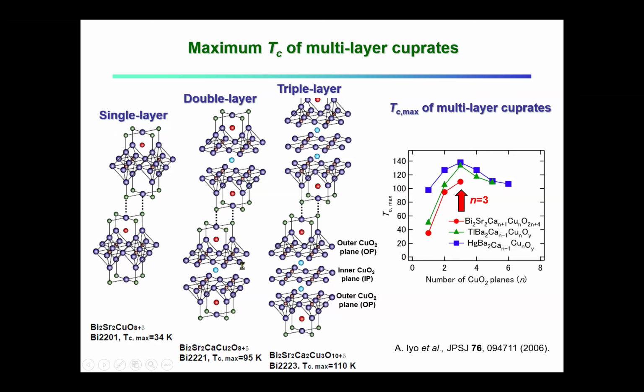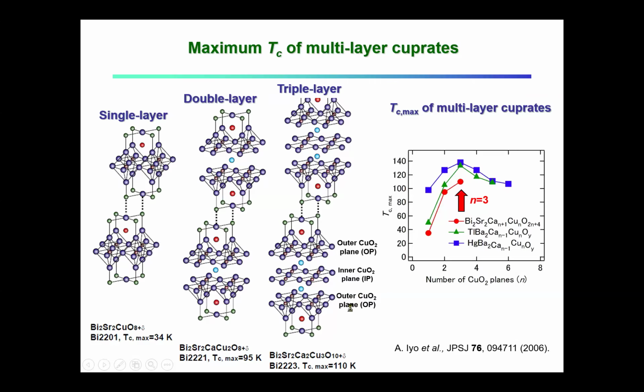So we have two Fermi surfaces, and in the case of triple layer, we have two kinds, but due to hybridization between these, in principle, we can have three different Fermi surfaces.